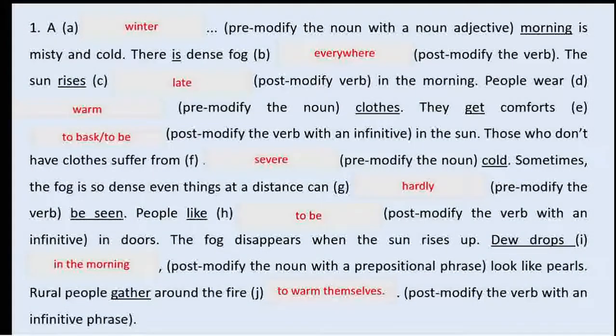Those who don't have clothes suffer from severe, you can also write, pinching or bitter cold. Sometimes the fog is so dense even things at a distance can hardly be seen. People like to be indoors. The fog disappears when the sun rises up.